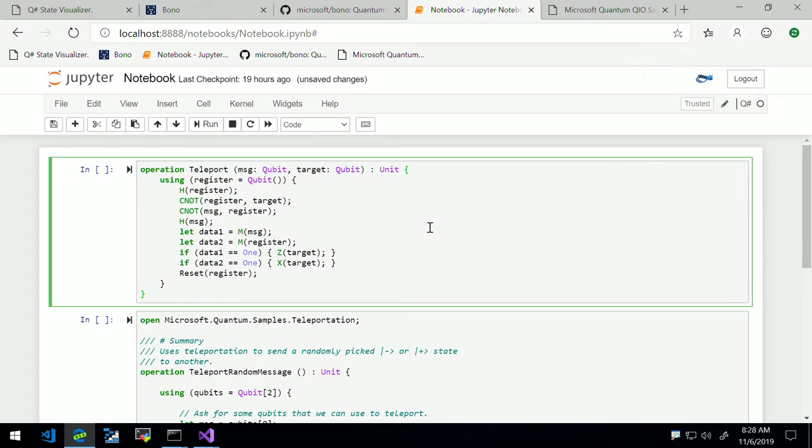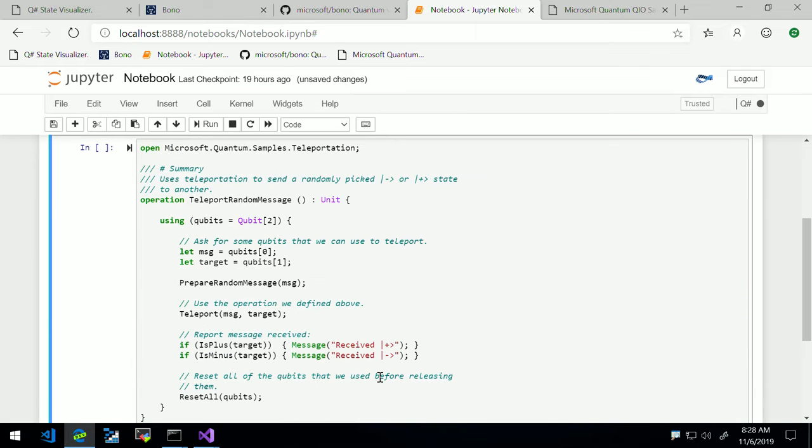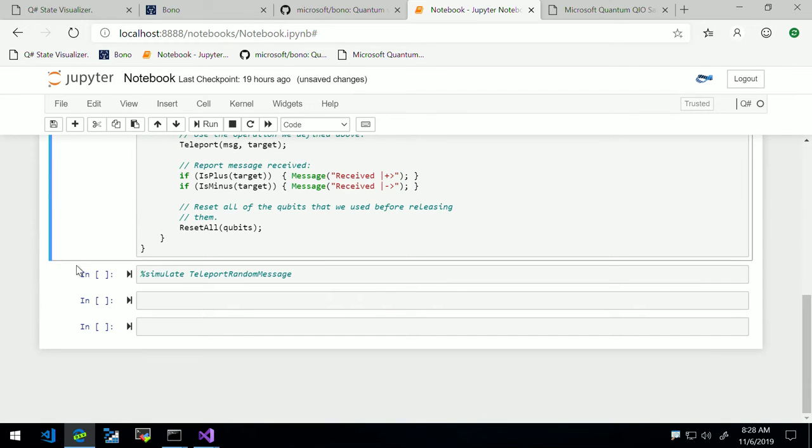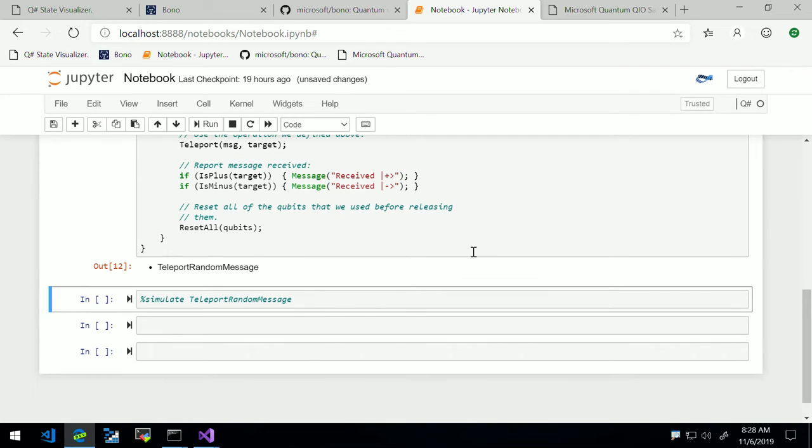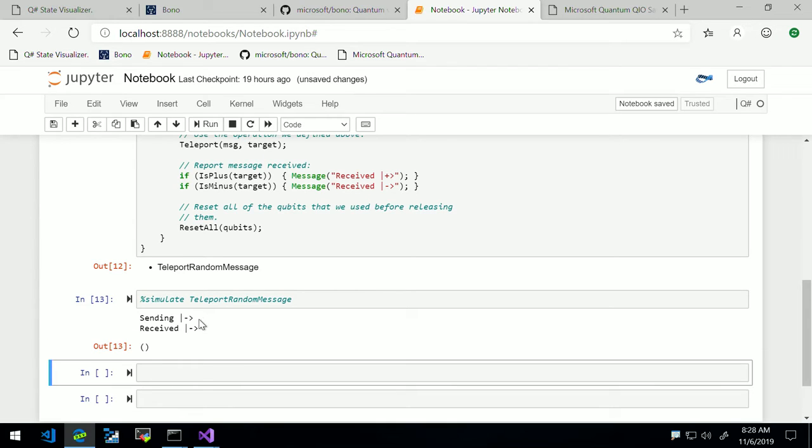So this is something else we've got, a Jupyter Notebook service as part of the quantum development kit. And then I can run that in the simulator. And then I can teleport some random message. And then show that I sent this state and I received that state using teleportation. So that's something to check out.